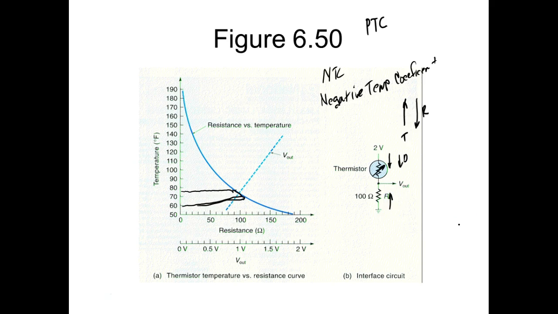Here they're applying 2 volts to it, so the sum of the voltage drops will always equal 2 volts. So if the voltage drop across the thermistor goes down, then the current goes up, which causes the second resistor to drop more voltage. So this is a very easy way to take something whose resistance goes down and make its output voltage go up.